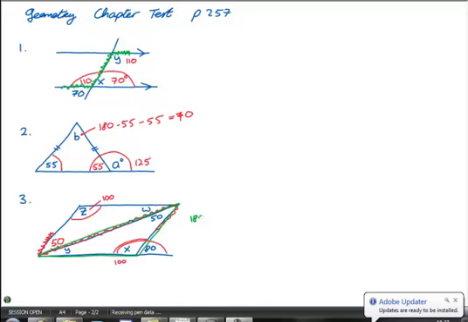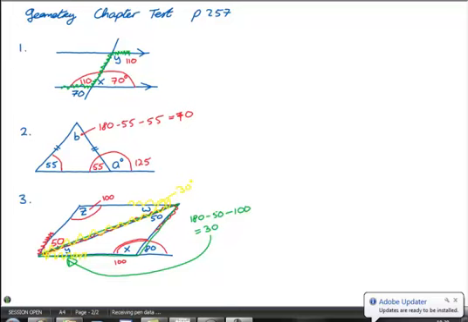So 180 minus 50 minus 100, because you know that X is 100, is 30. So that tells you what Y is going to be. And once you know what Y is going to be, you can use alternate angles and you can figure out W. So, a little bit messy, but you can see it in stages anyway.